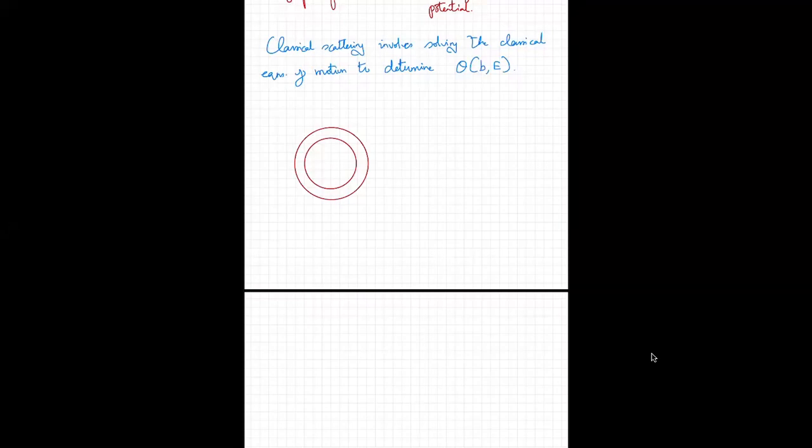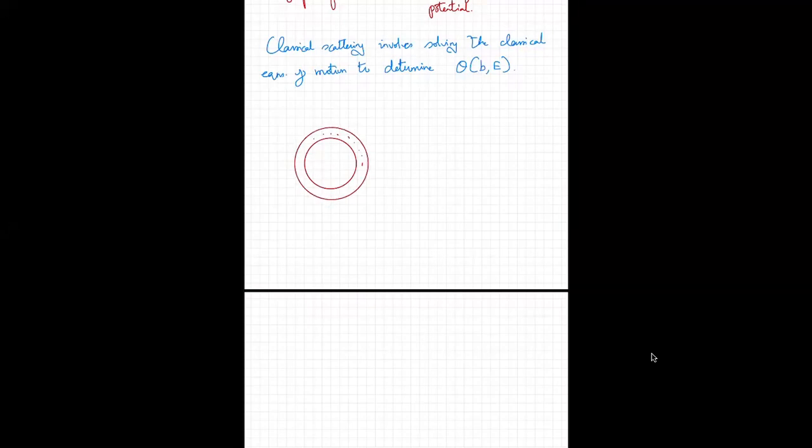So I'm looking at the beam head on, and I'm concentrating my attention on some kind of annular ring. Okay, so basically there are particles everywhere, but I'm concentrating my attention on the particles in this ring, between these two rings. Let us say that this is the scattering center.